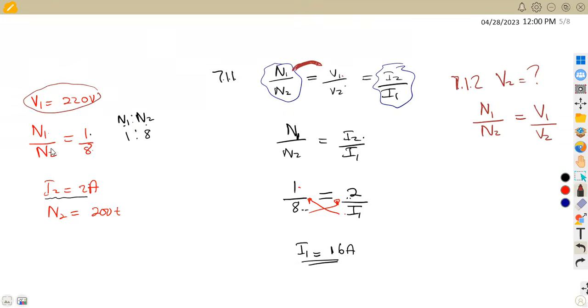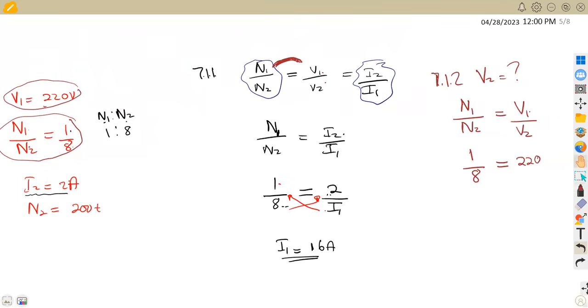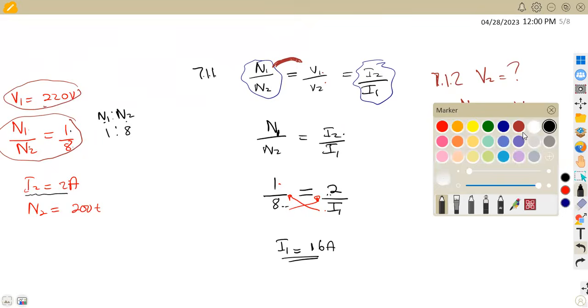So N1 over N2, that's your turns ratio. You have this one, 1/8. 1/8 is equal to V1, which is the primary voltage of 220. Then we are to calculate V2. So we can calculate V2: cross multiply, V2 times 1/8 equals 220.